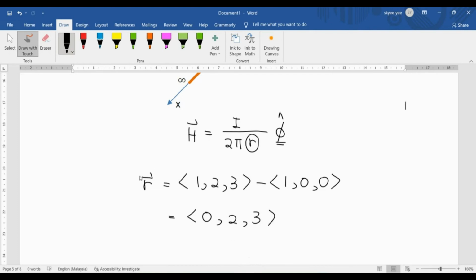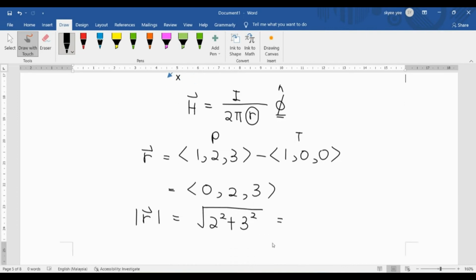This is the distance vector between the point P and the point T. So the magnitude will be the square root of 2 squared plus 3 squared, right? So we can find this is 4 plus 9, square root of 13.